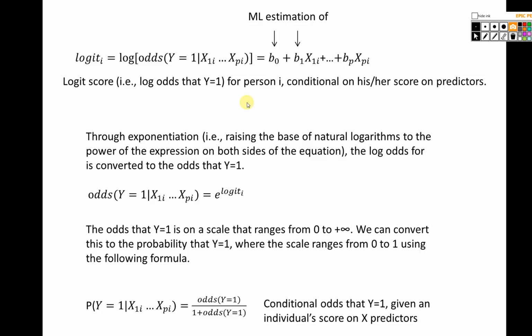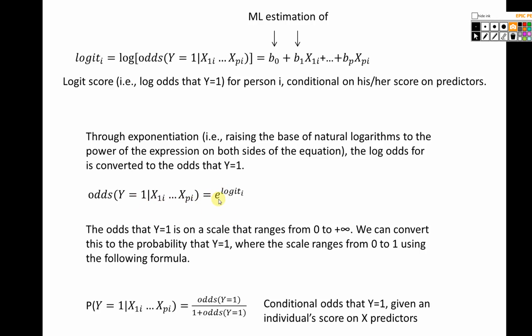Through exponentiation, if we raise the base of the natural logarithms to the power of the expression on both sides of this equation right here, we essentially get the odds of the individual falling into group 1, which again is conditional on the predictors.